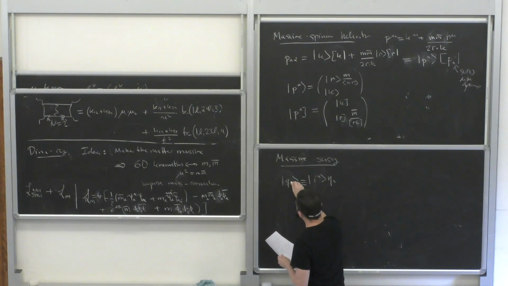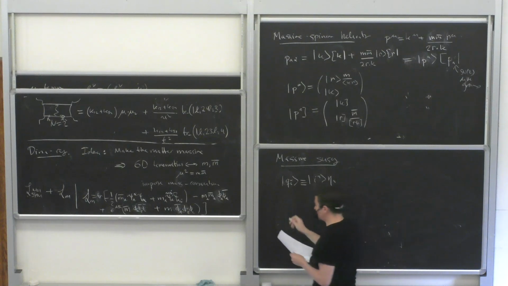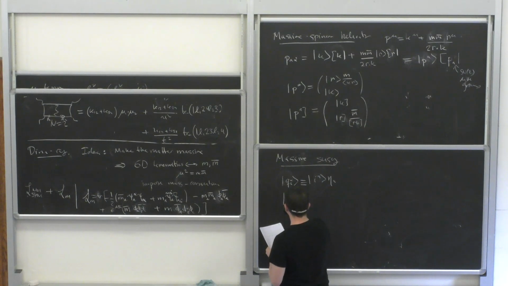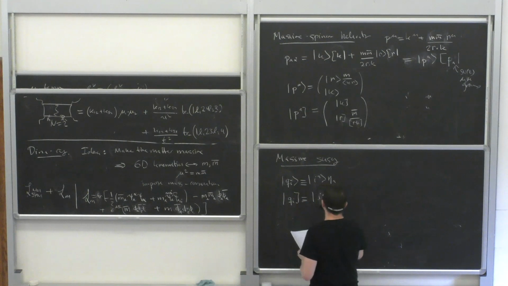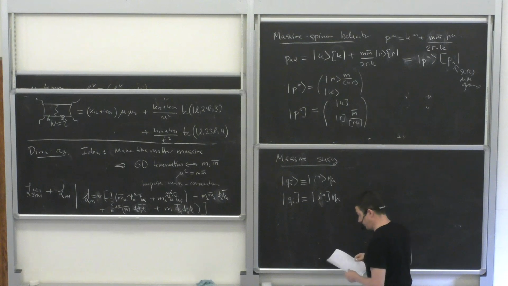We used Gothic Q in our paper, but I cannot write a Gothic Q, so there should be a Gothic Q. And likewise for the square spinor. Sorry, it's I, A, eta, A. And there's also an index I for the particle label.